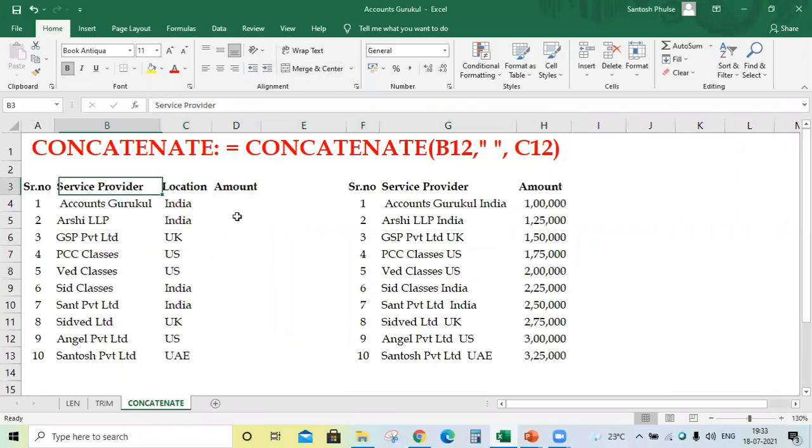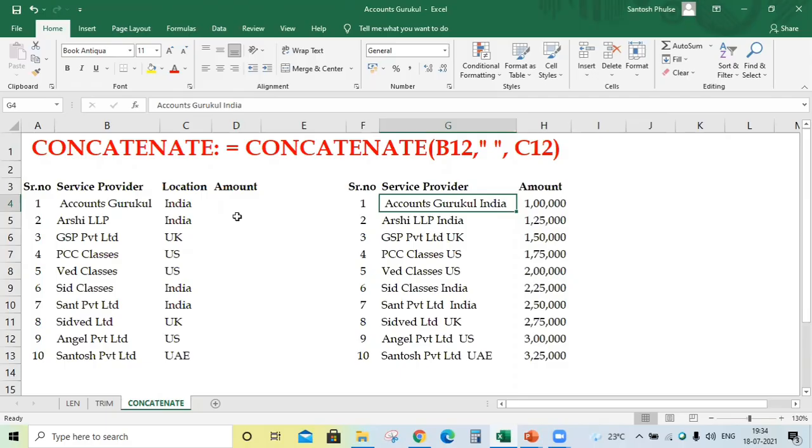And now if you see in these examples, the service providers are there. That's Accounts Gurukul from India, Urshi LLP from India, GSP Private Limited from UK. So these are all service providers from different locations. And here we have the service provider which is combined, that's Accounts Gurukul India, Urshi LLP India, GSP Private Limited UK.